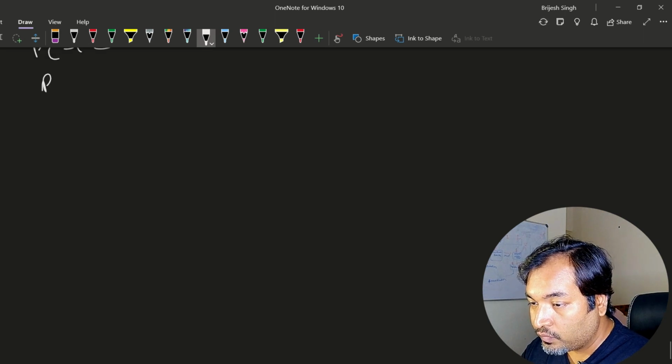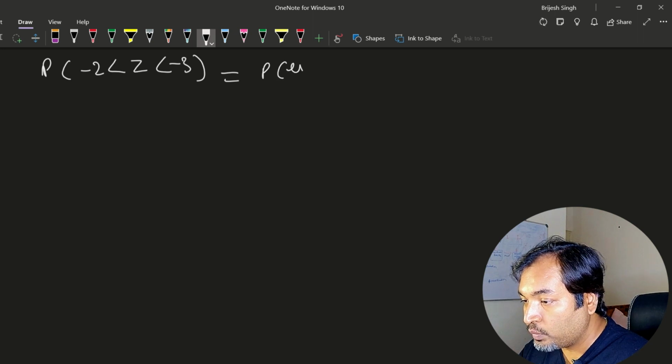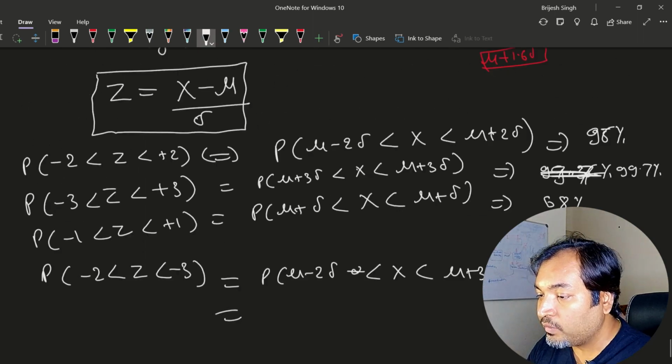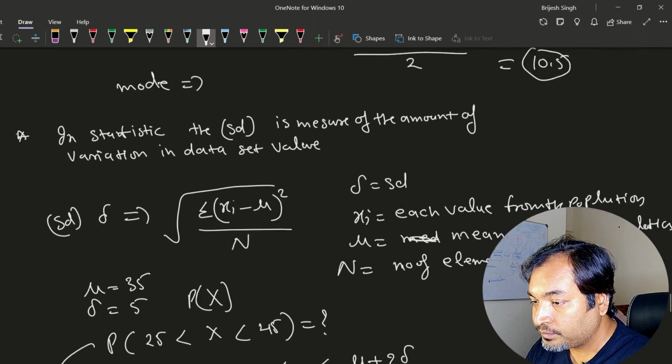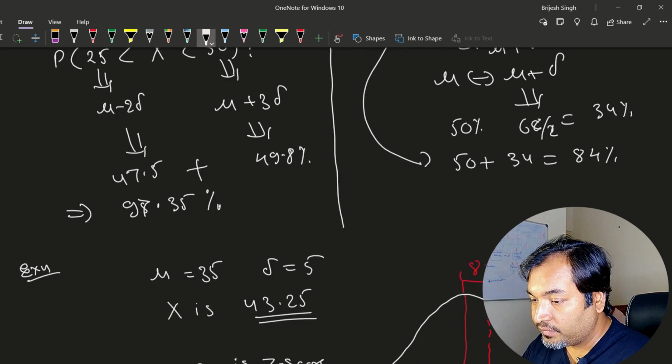So probability of -2 < z < 3, right? So this will come like p of mu minus 2 sigma < x < mu plus 3 sigma, right? Which we already calculated, right? Which comes around 97.35.